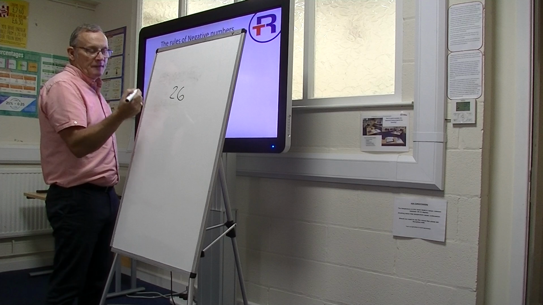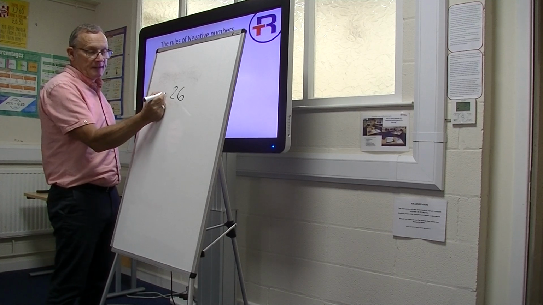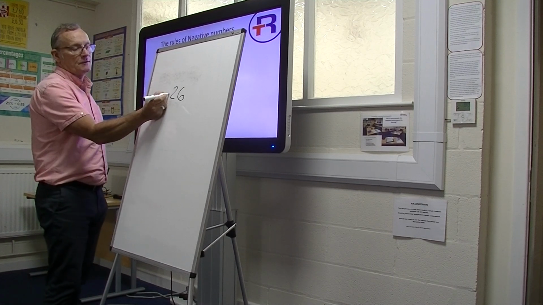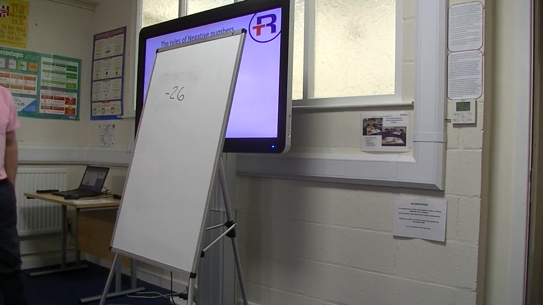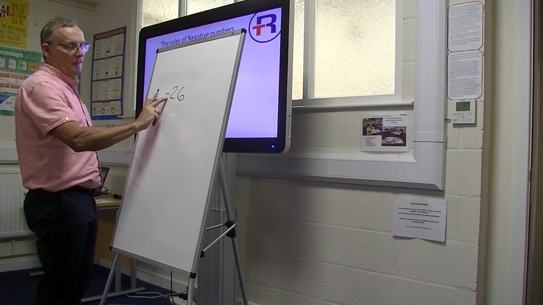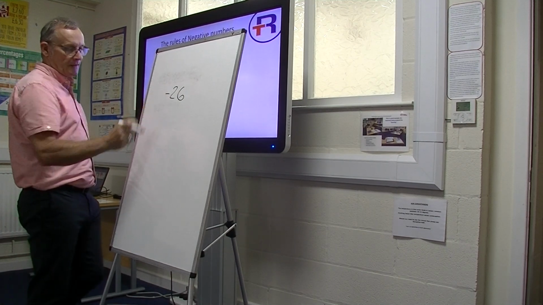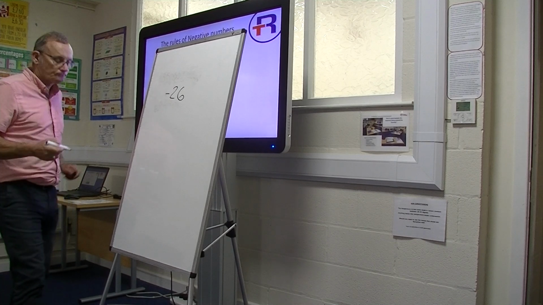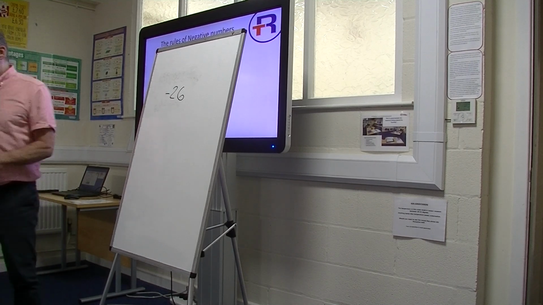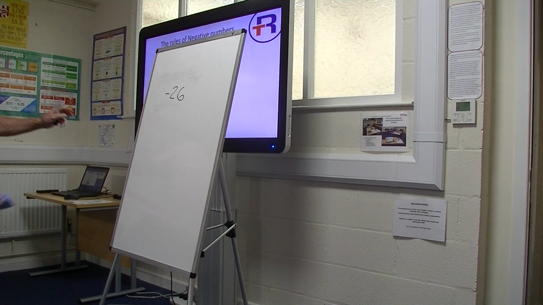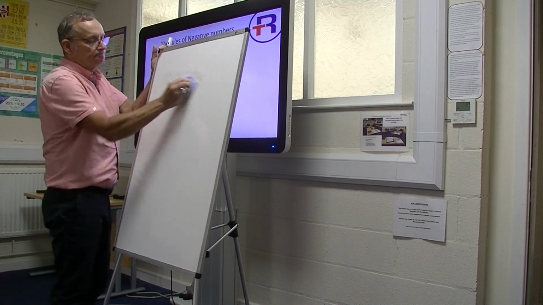What distinguishes it from a negative number is the fact that the negative number has a minus sign in front of it, or a subtraction sign, or a negative sign. That distinguishes it from being a positive number, a plus number. So we know that that is now a negative number, minus 26. Okay? And these positive and negative numbers are all built around this number line.